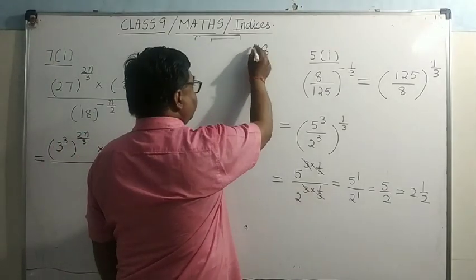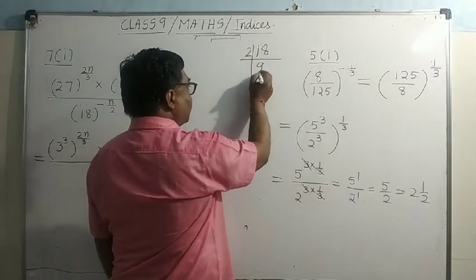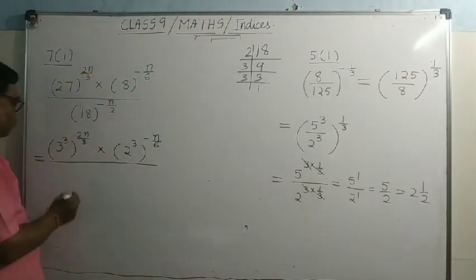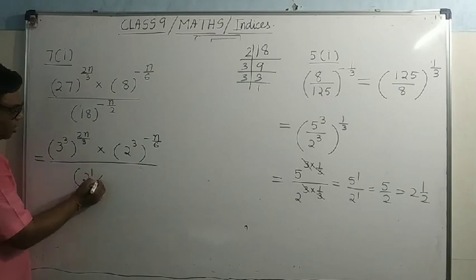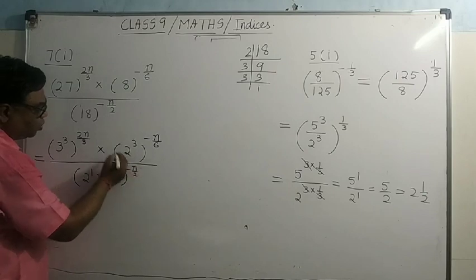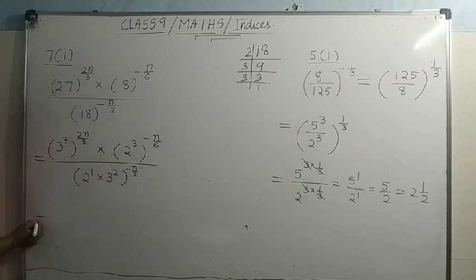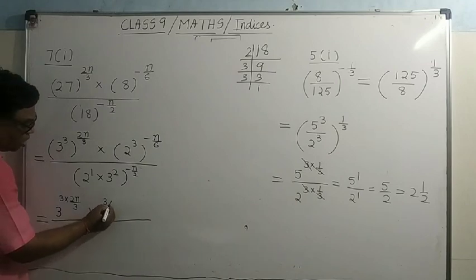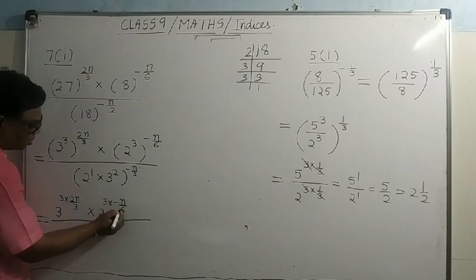Very simple. 18 is 2 into 9, then 3 into 3. So 2 to the power 1 and 3 to the power 2, whole to the power minus n upon 2. Now on opening the bracket, first you draw this line. Here 3 to the power 3 into 2n upon 3, into 2, 3 into minus n upon 6.